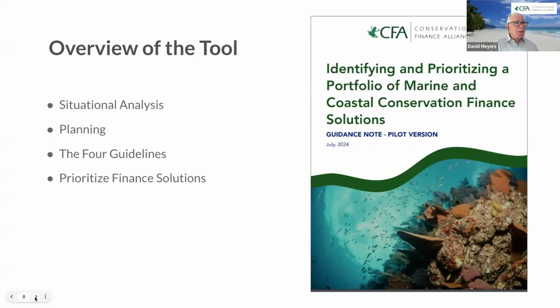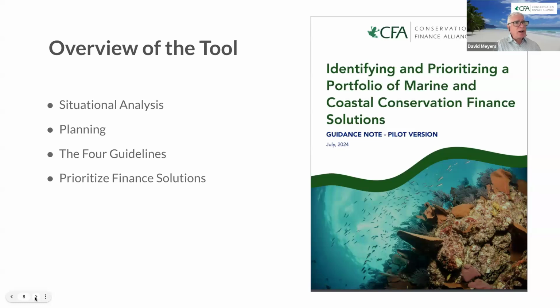So I'm going to walk us through just how the tool is structured, and then Johnny's going to provide a more detailed example. So there's four major components of this tool. The first is to assess the situation. The second is looking at current planning and how you may use planning to help you identify different finance solutions.